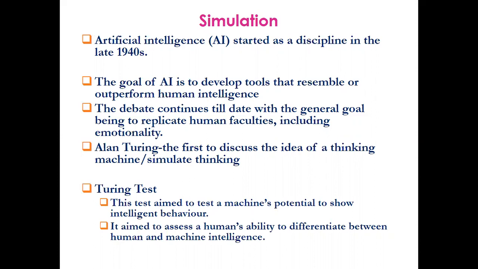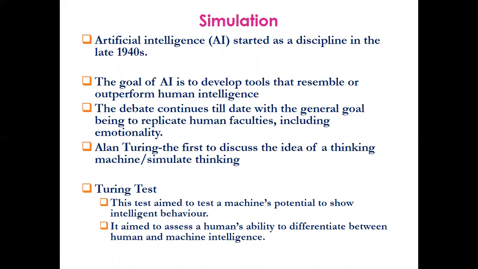Alan Turing was the first to discuss the idea of a thinking machine, that is, simulated thinking. He was the first to create a technology with the idea of simulating the human mind and thinking.